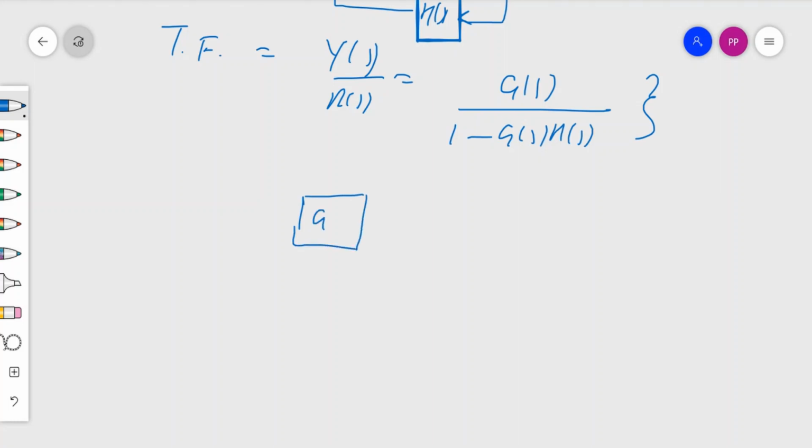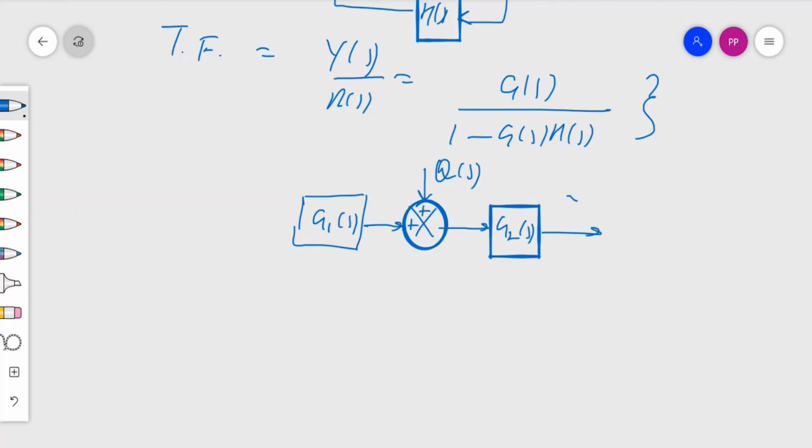So this is G1(s), and a signal is going forward from G1(s) where I am getting an external input Q(s). So both these signals are added, and the output is going to another plant G2(s), from where we are getting the output Y(s), and this Y(s) is passing through a feedback component. This is H(s).